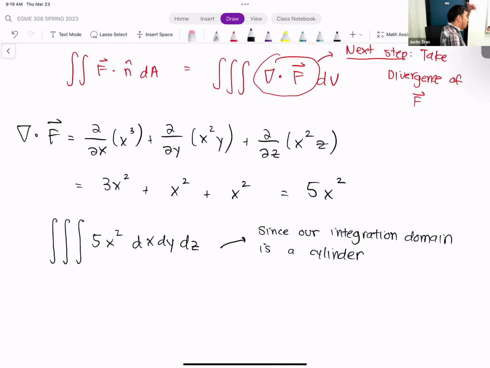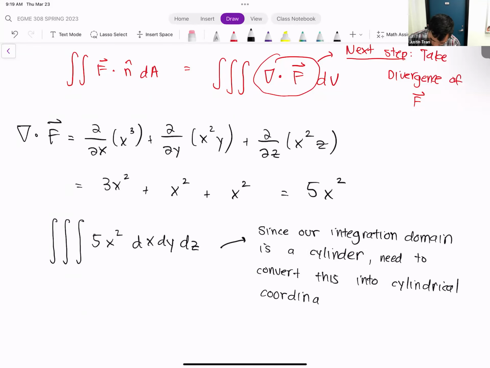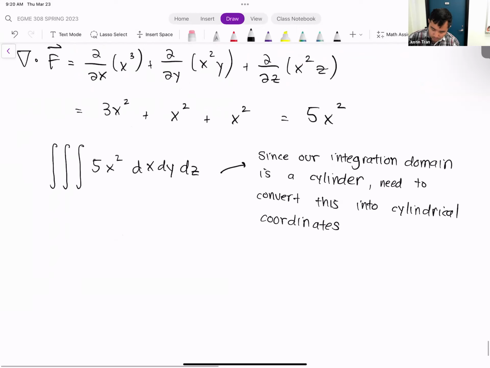And so since our integration domain is a cylinder, we need to convert this integral into cylindrical coordinates. And so we're going to do a change of variables.